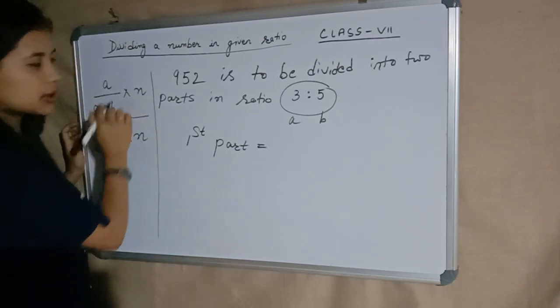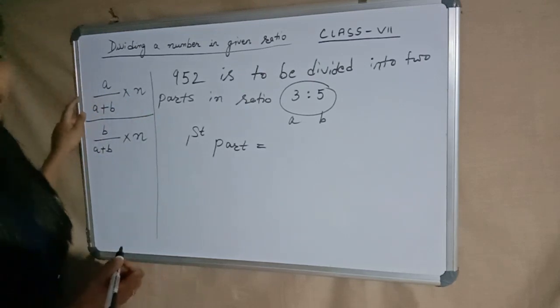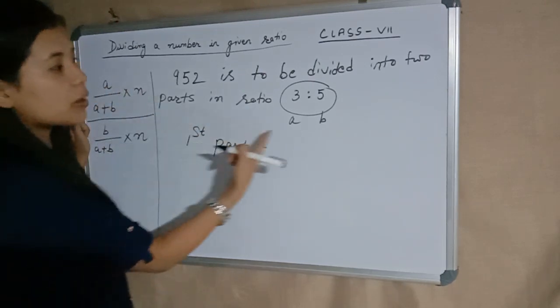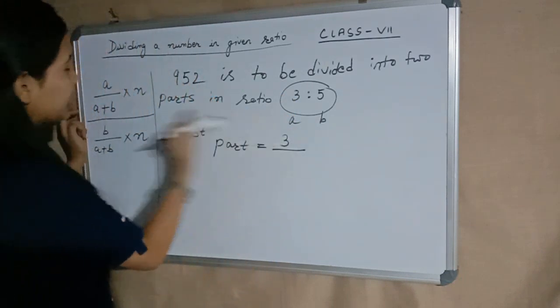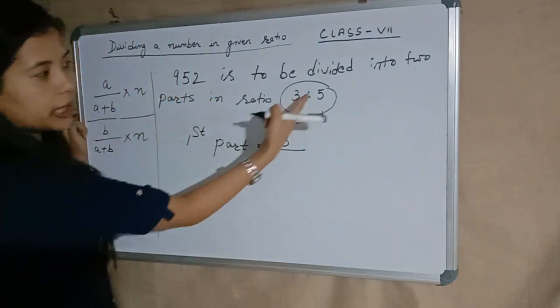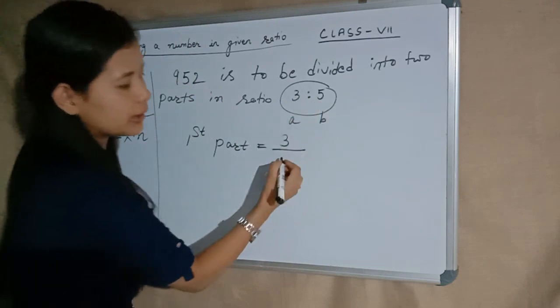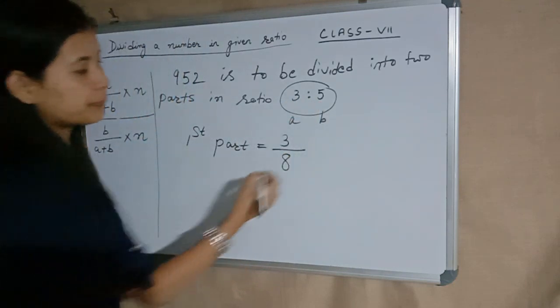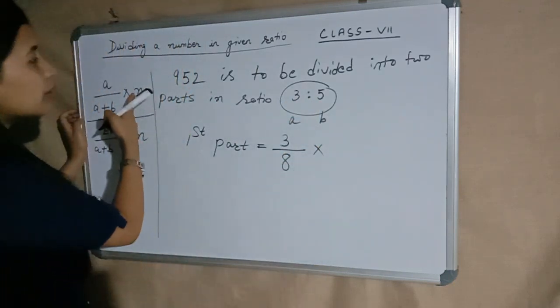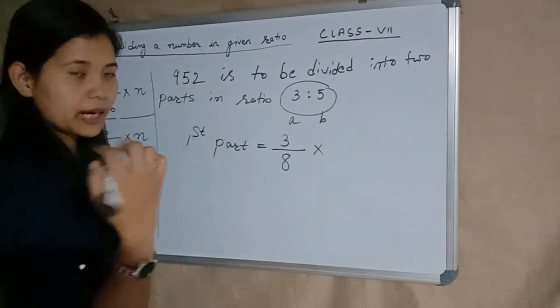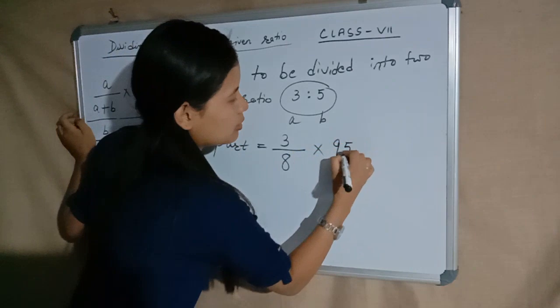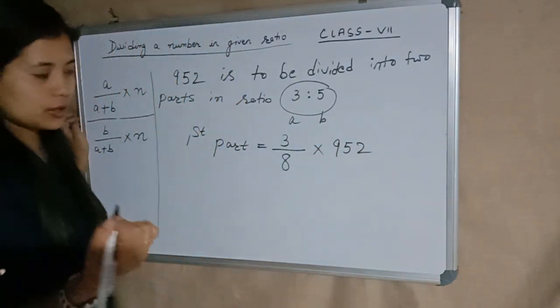So we'll be using this formula. This is for the first part. So a here is 3. So this is 3 divided by a plus b. a plus b is 3 plus 5, that is 8, into n, that is 952, because we are dividing 952 into two parts.